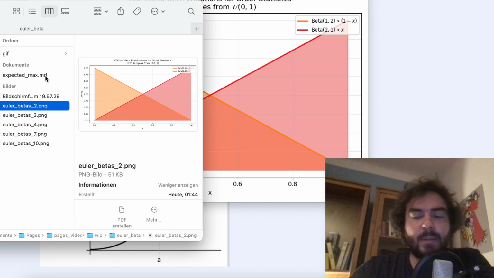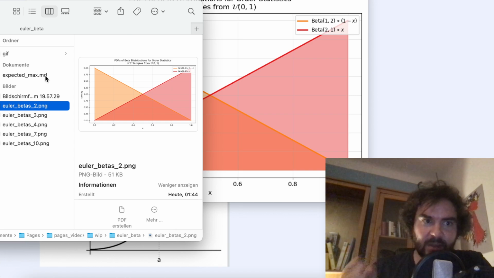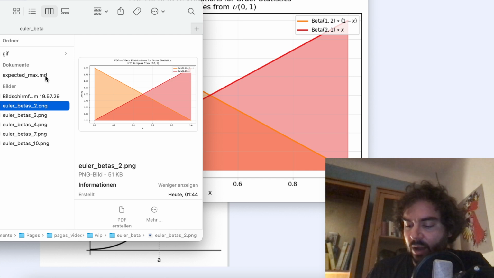But now, if you not just use 2 dice, let's say you then use 4 dice, then again the maximum is pushed even more to the right. Because whatever 4 values you get from your dice rolls, you ignore the 3 lower ones, and the maximum has an even higher chance to be something large.